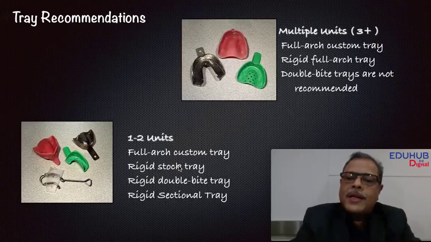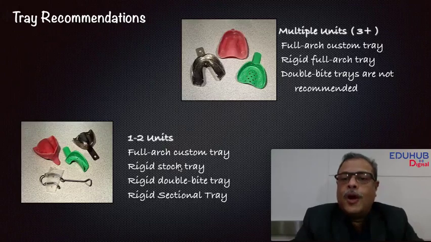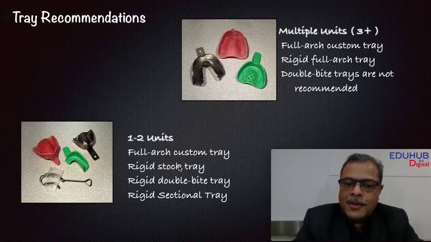The tray recommendations are always going to be, whether it is for multiple units or for single or double units, a rigid tray or a full arch custom tray. It could be a sectional tray. All of them have to be rigid, or it could be just bite trays.